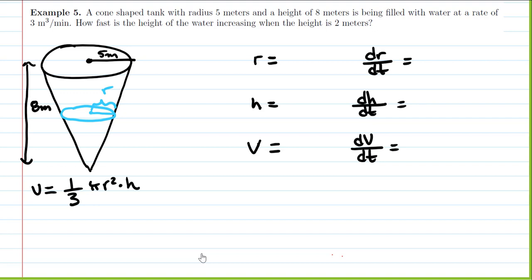So in this case, there isn't a ton that we know. We know that when the height of the water is 2 meters, so when h is 2 meters, we want how fast is the height of the water increasing. So this is what we want. We know that the tank is being filled with water at a rate of 3 cubic meters per minute.